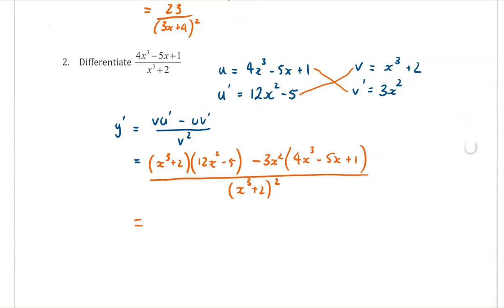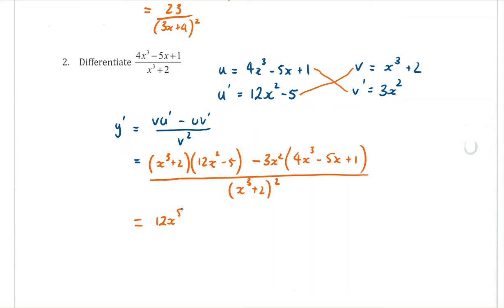Okay, so remember, if you can't factorize it and make it nicer, you probably want to expand. So most of the quotient rule ones, we won't be factorizing the top, we'll be expanding them out. So on this one, I can do a FOIL expansion for those first two brackets. X cubed times 12x squared is going to make 12x to the power of 5.